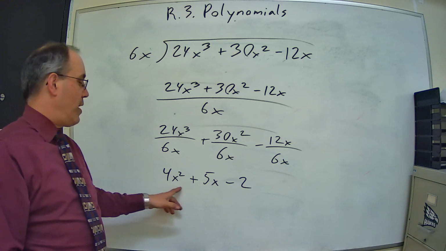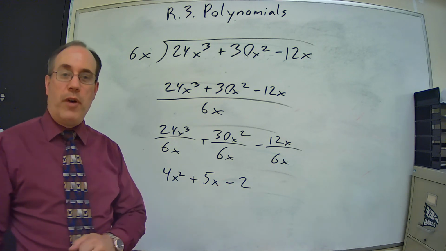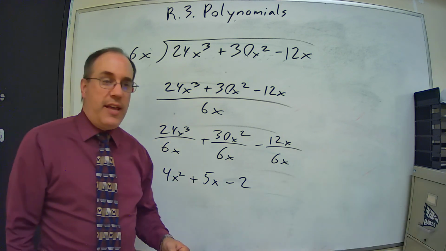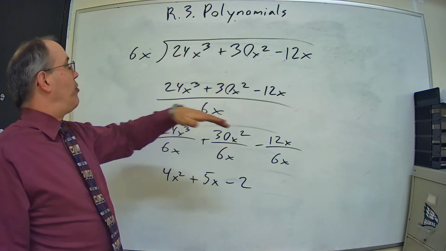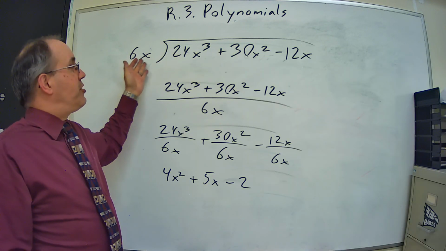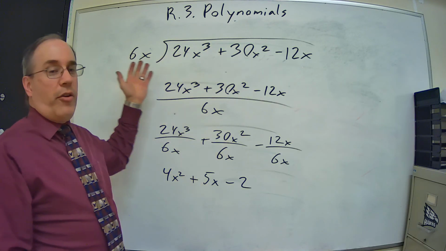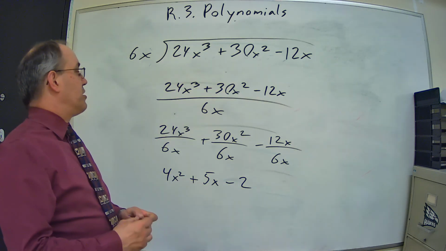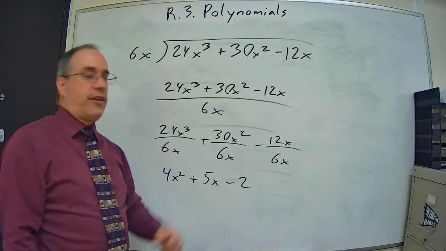And I have 4x squared plus 5x minus 2. So how's that for ending on a happy note? If you're dividing a polynomial by a monomial, and each of those terms is divisible by that monomial, then you can just divide it term by term and get your final result.